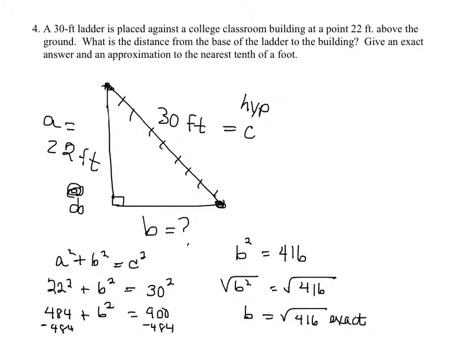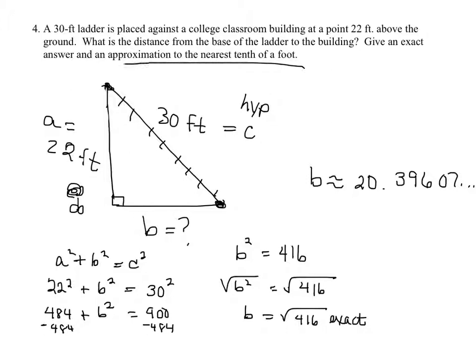So let's approximate it by taking that square root, and we get B is approximately equal to 20.39607. Now we just have to figure out what the units are and make sure we approximate it to where we need to.